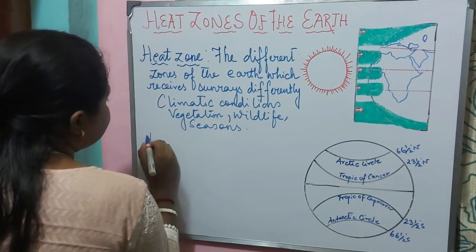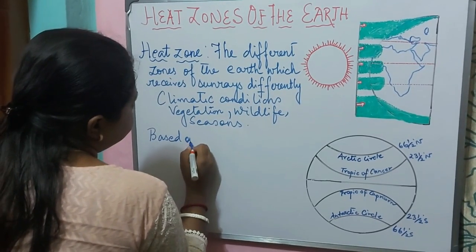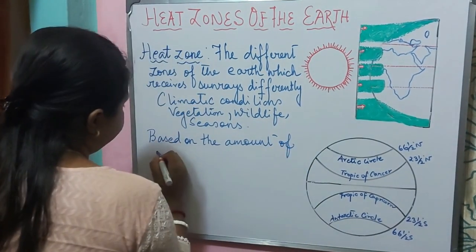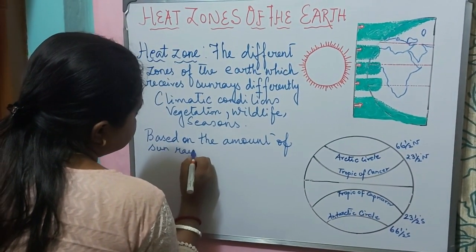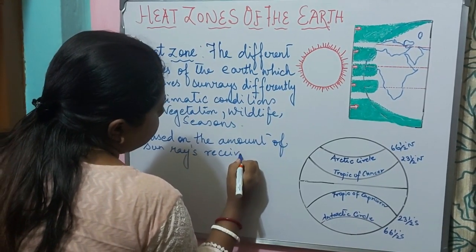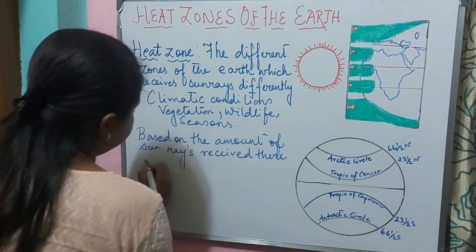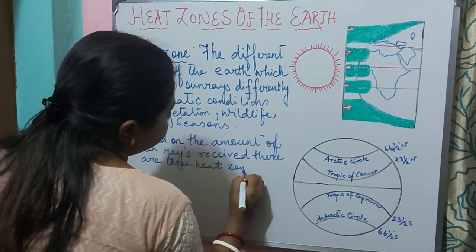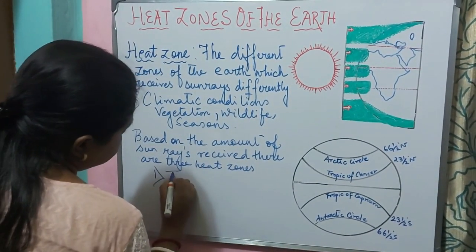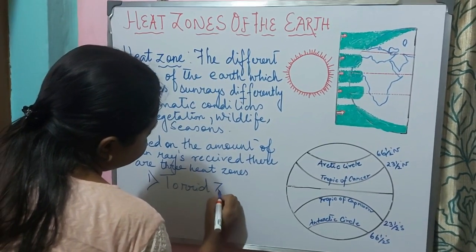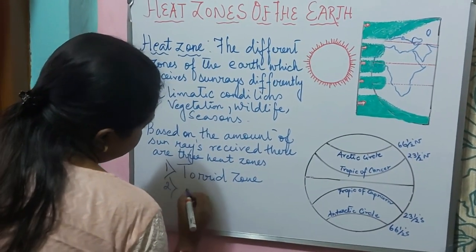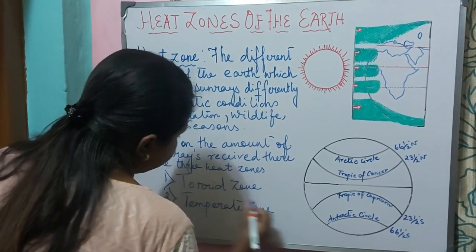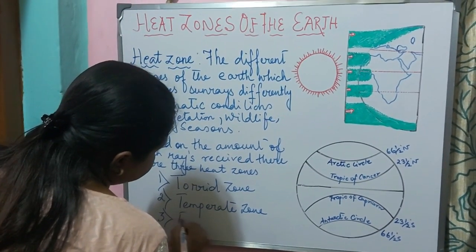So based on the amount of sun rays received, there are 3 heat zones. What are those? Number 1, the Torrid Zone. Number 2, the Temperate Zone. And number 3, the Frigid Zone.